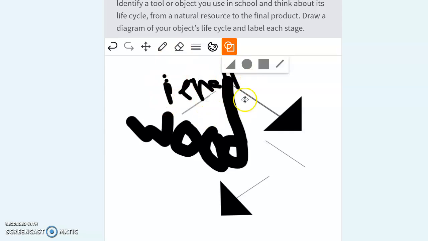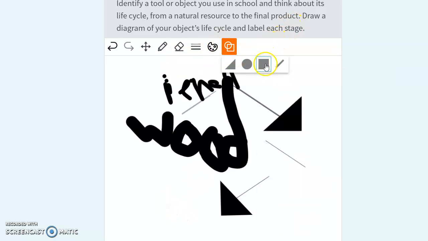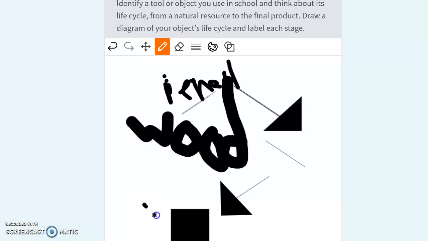Okay, so they take the wood, they create the pencil. When you're done with the pencil, you throw it away. So let's have a little trash can. Type trash.